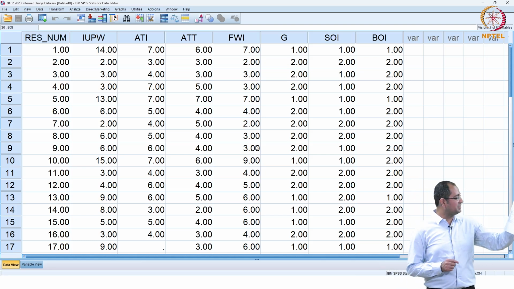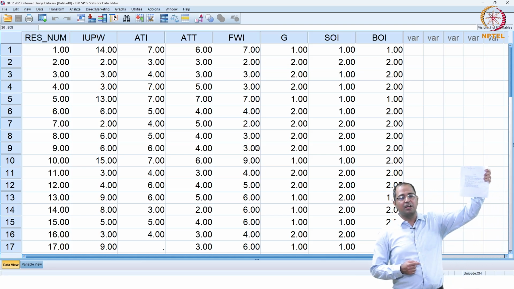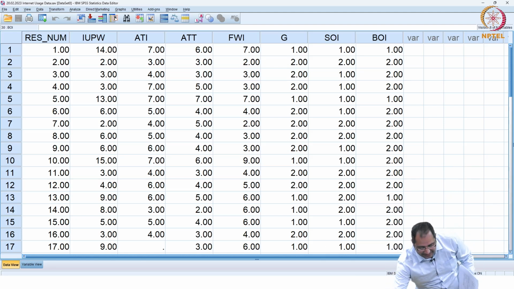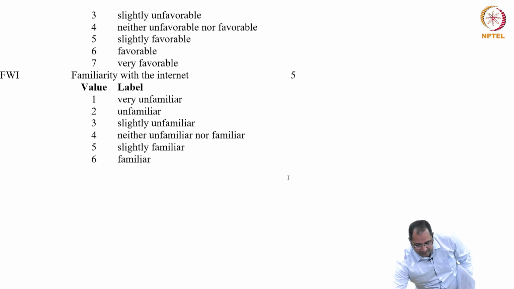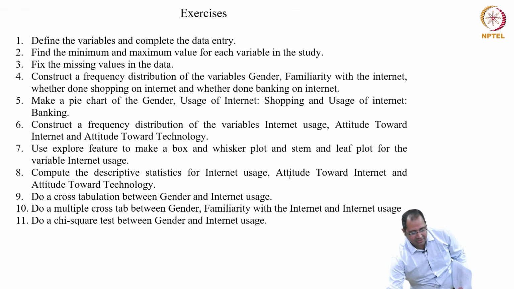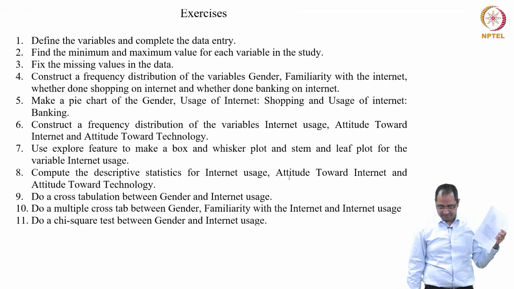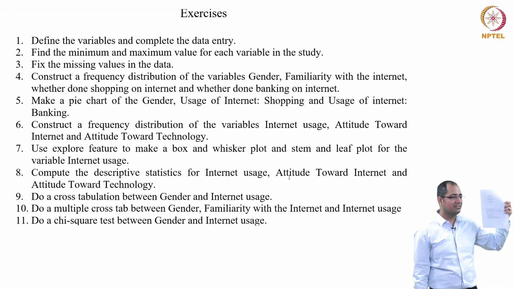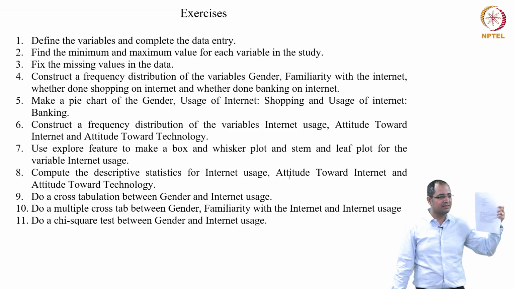If you look at the exercises, the first thing we had to do was define the variables and complete the data entry. We have done the first one, right? Data entry completed, right?